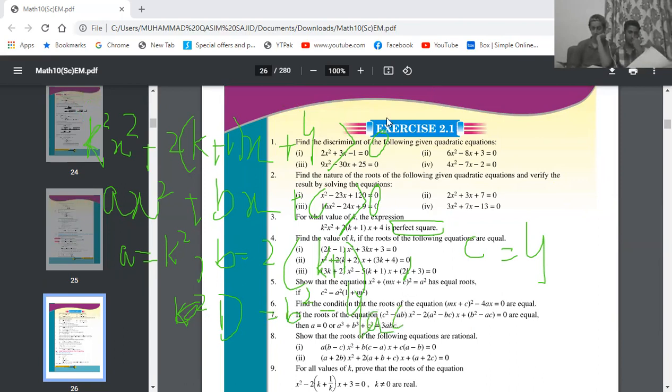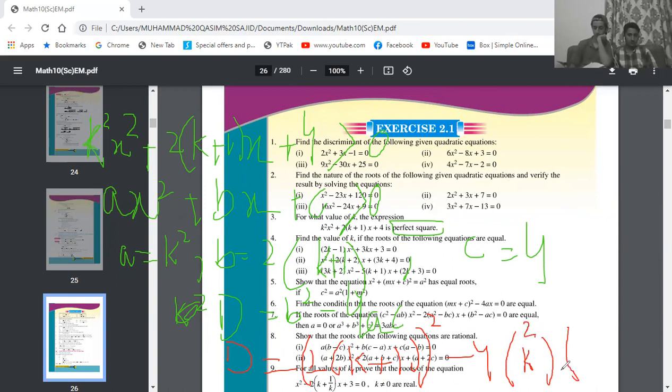Now what is the value of b square? b equals 2 into k plus 1, that is 2 into k plus 1 whole square, that is b square, minus 4. The value of a equals k square and c is 4.